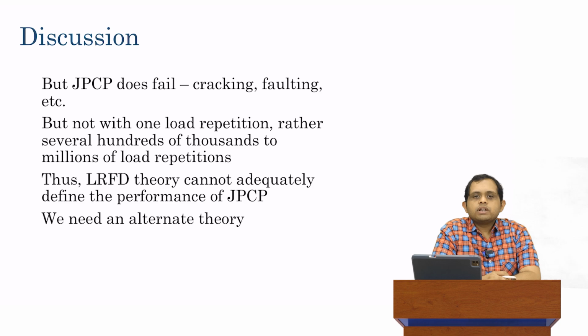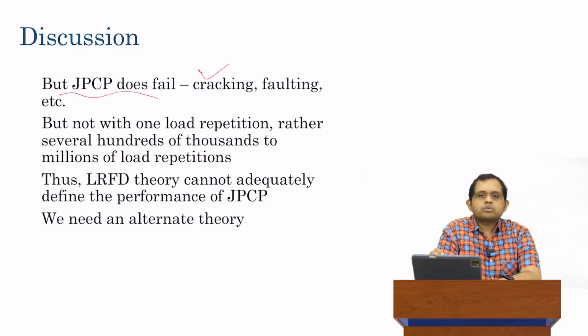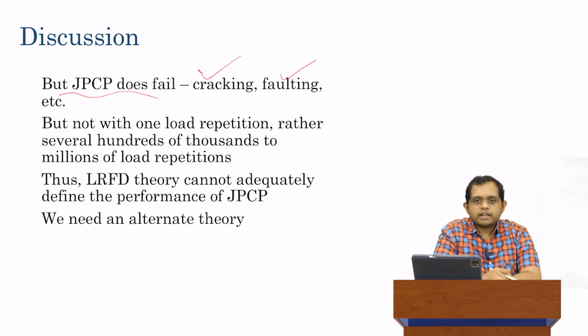Of course, you will agree with me based on your practical experience and observation that JPCP does actually fail. They do develop cracks over time, they do develop faults over time, and other distresses, pumping, etc., which we had talked about in module 1, do develop over time. So it's not true that JPCP doesn't fail. What is true is they don't fail with one repetition.